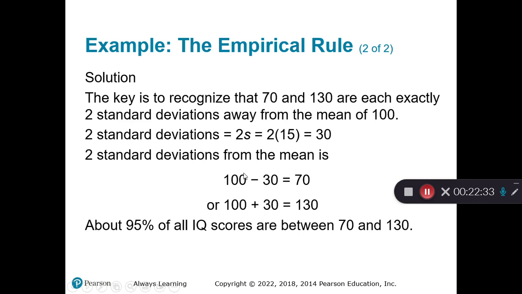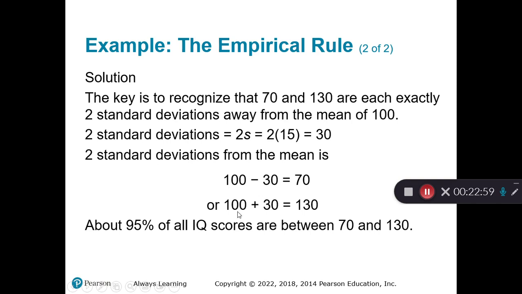Well, turns out that 70 is exactly 2 standard deviations below the mean. Why? Because if the standard deviation is 15, 2 times 15 is 30. 30 represents 2 standard deviations. So the mean is 100. 2 standard deviations below it would be 70.